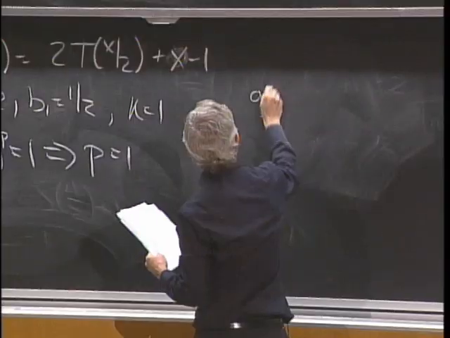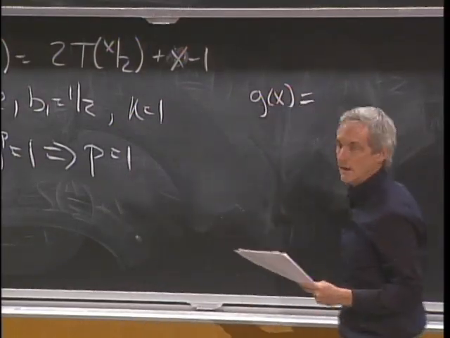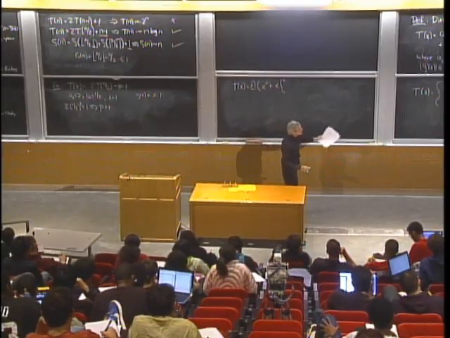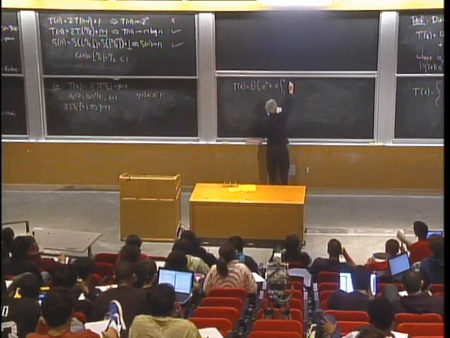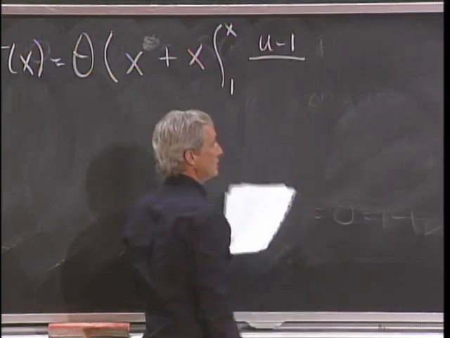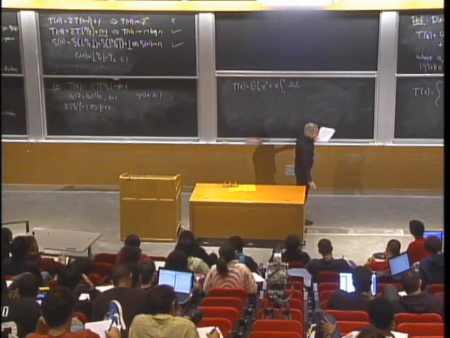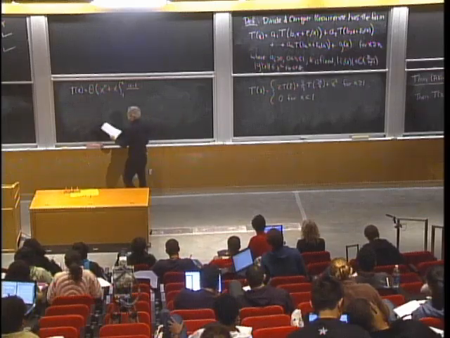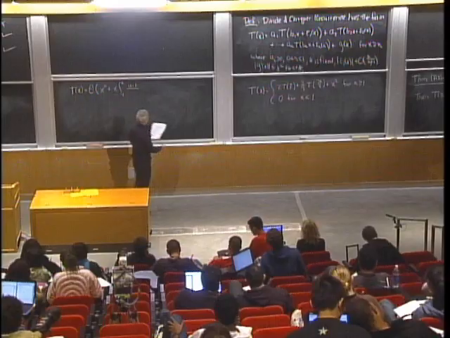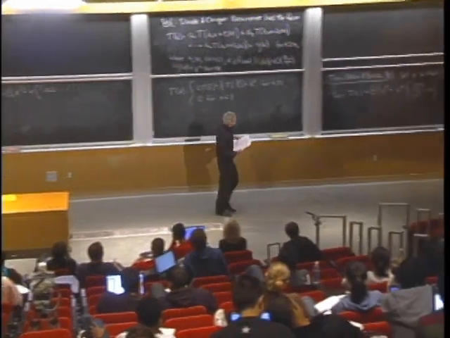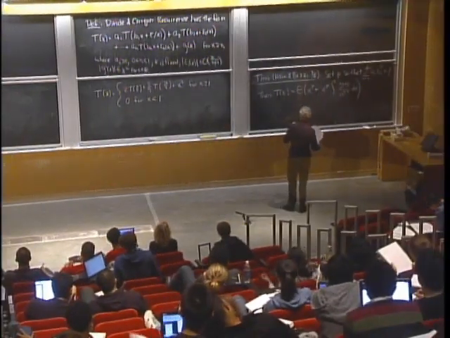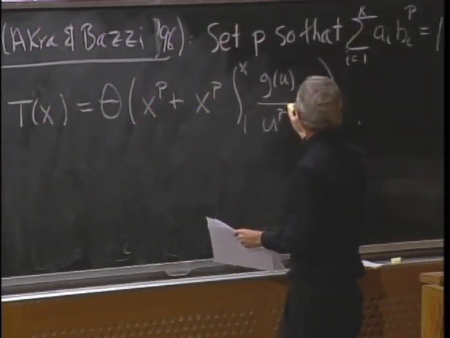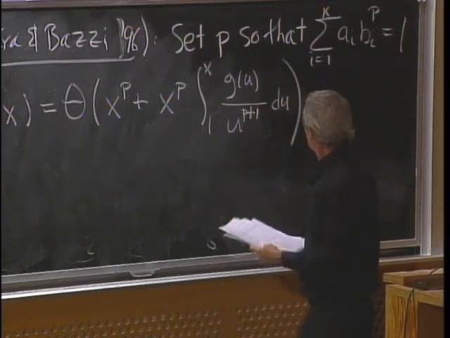What's g of x in this case? x minus 1. So I take the integral of g of u, which is u minus 1 over u to the p plus 1. Did I write the formula right? Is it plus 1 or minus 1 here? P plus 1, sorry. I didn't write that right. P plus 1 over here.